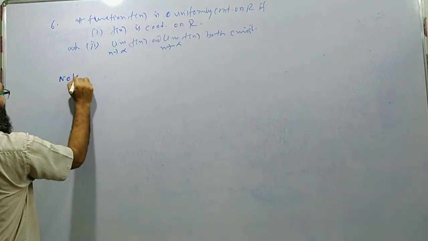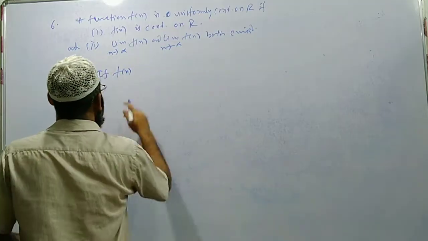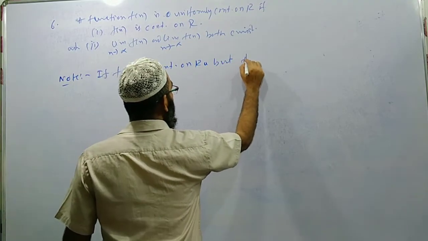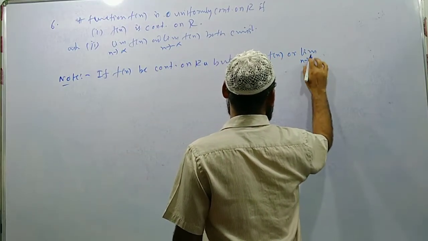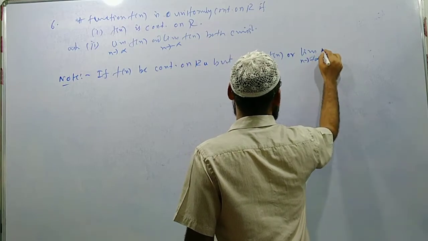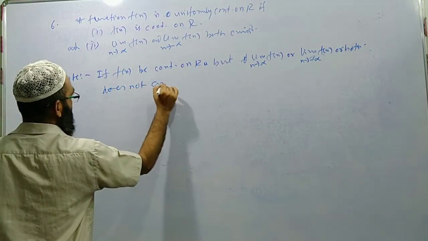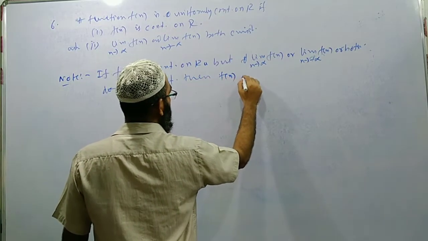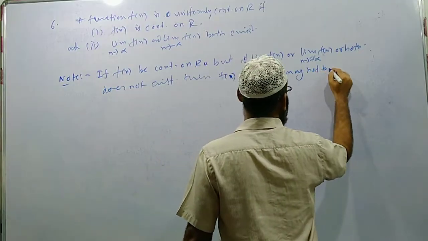If f(x) is continuous on R but the limit as x tends to infinity, or the limit as x tends to minus infinity, or both do not exist, then f(x) may or may not be uniformly continuous.